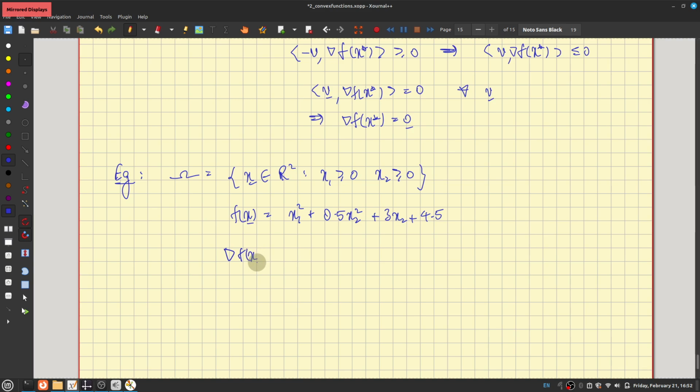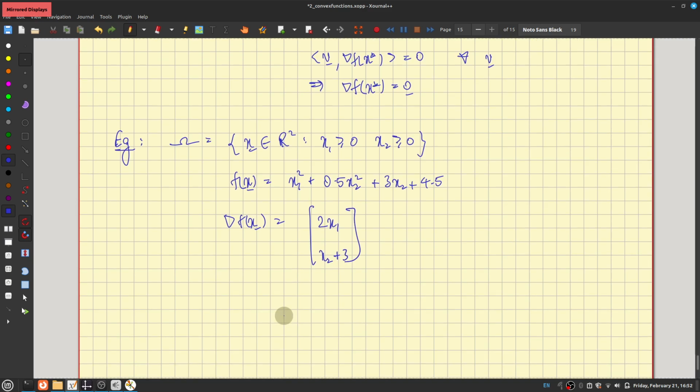What is gradient f of x equal to? Two x1, x2 plus 3, right? Okay, let's find the inner product between gradient f of x and v.